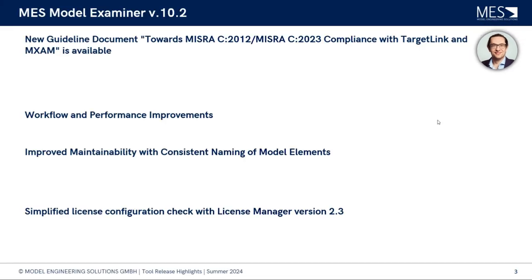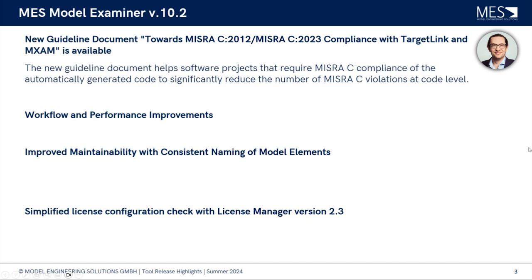In order to summarize what we've seen, we had the new guideline document, the MISRA C guideline, for software projects that require MISRA C compliance of the generated code, in order to reduce the number of code violations on the code level.